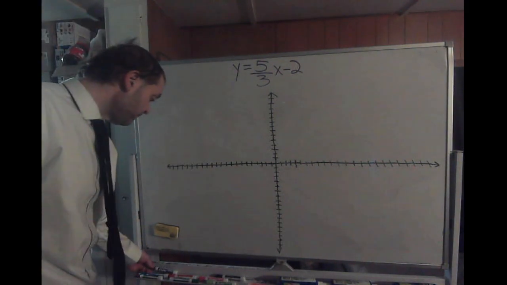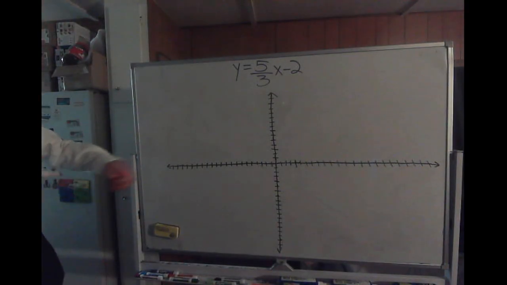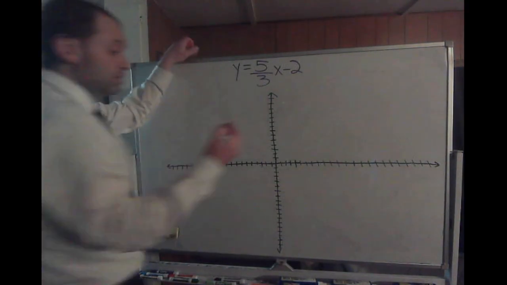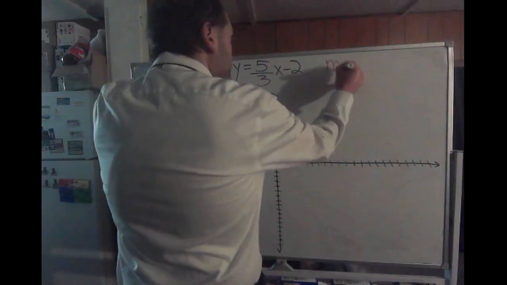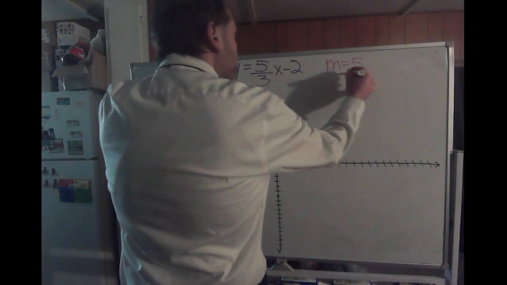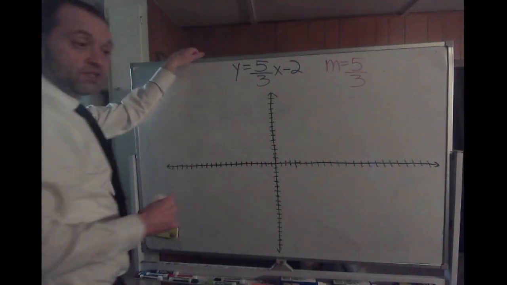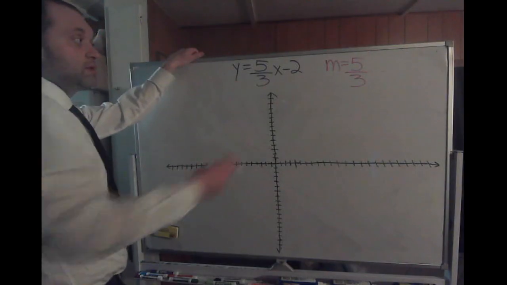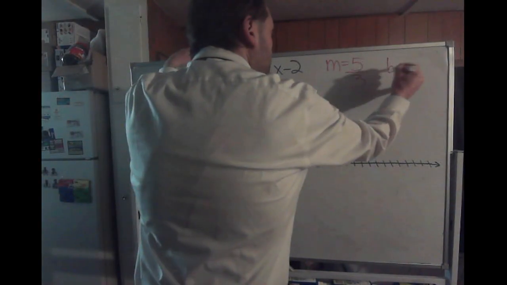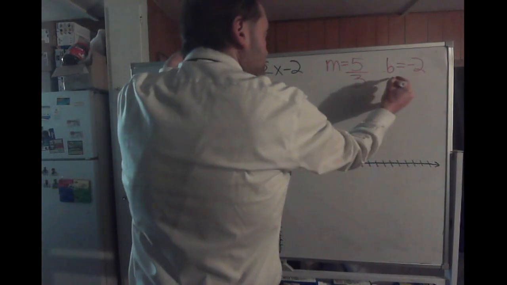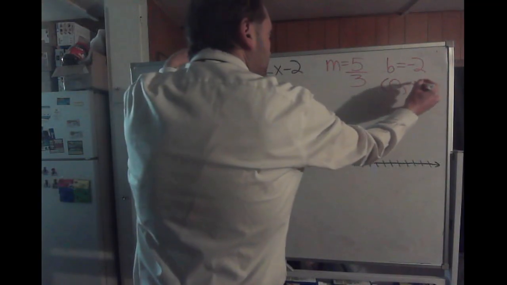Well, again, start out with your slope, which is the coefficient of the x term. Your slope would be 5/3. Now, what is the y-intercept, the b term? That's -2. So your y-intercept would occur at 0, -2.